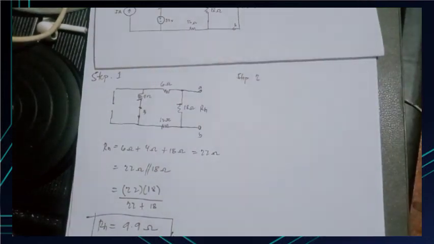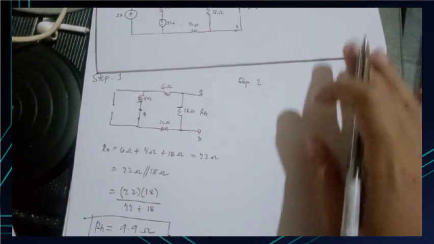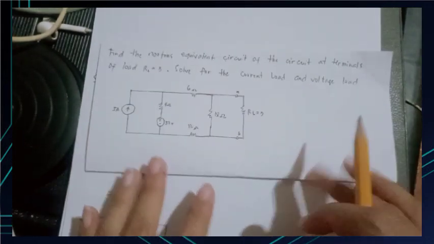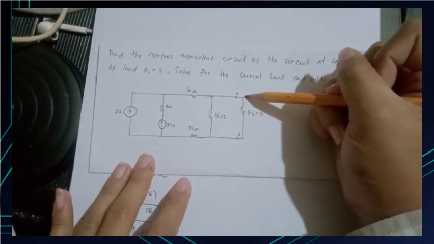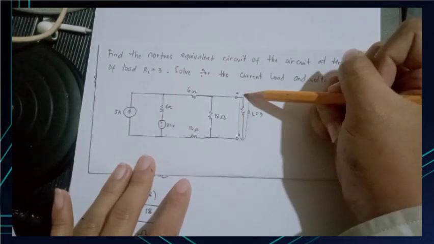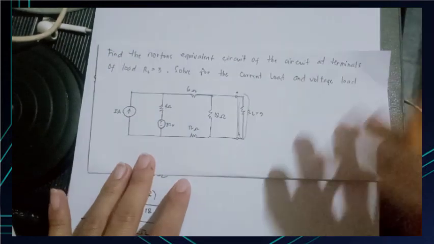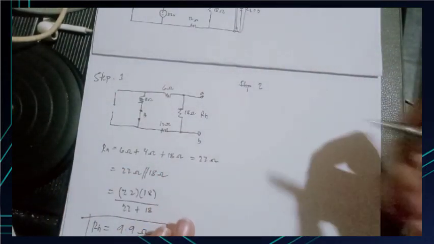Step 2, find short circuit current in terminal A and B. So, dito sa step 2 natin, tatanggalin lang natin tong RN at i-short natin ang terminal A and B.